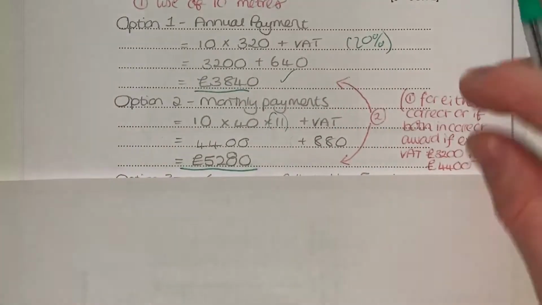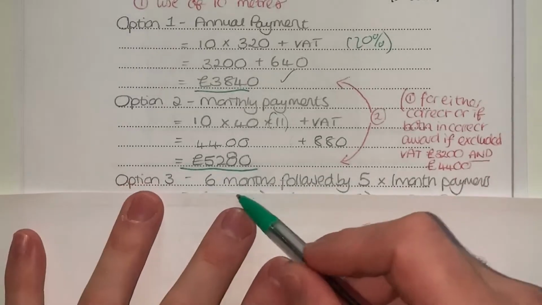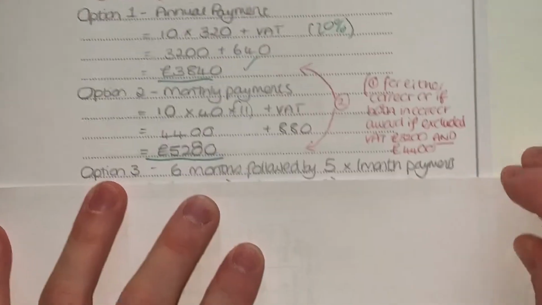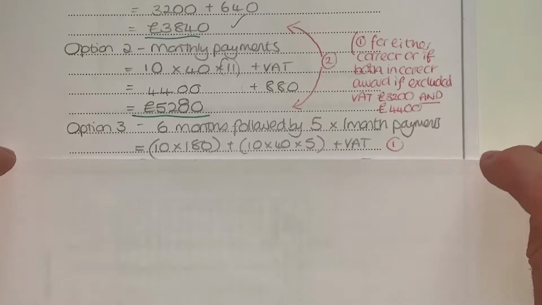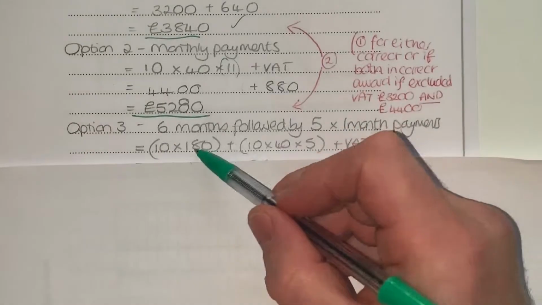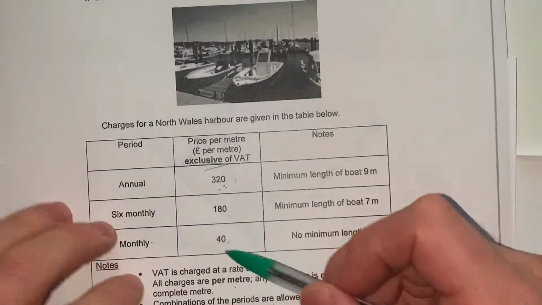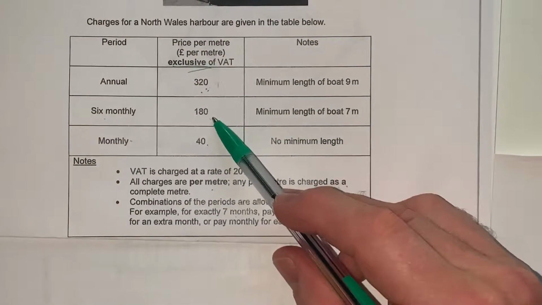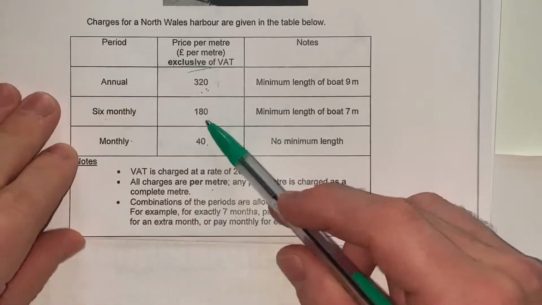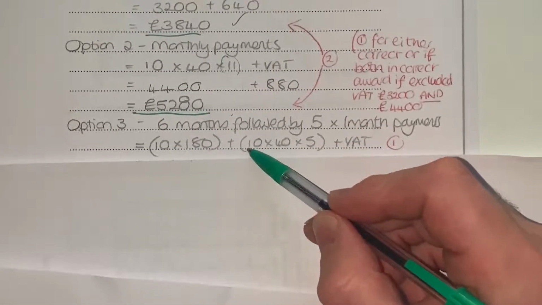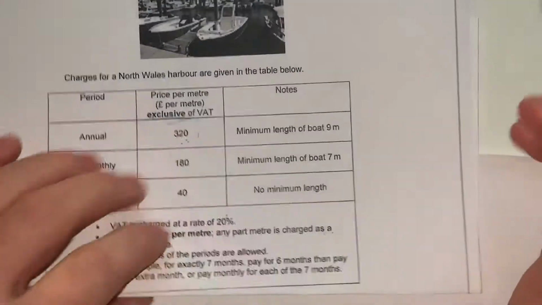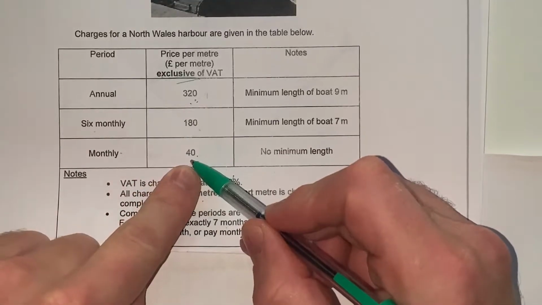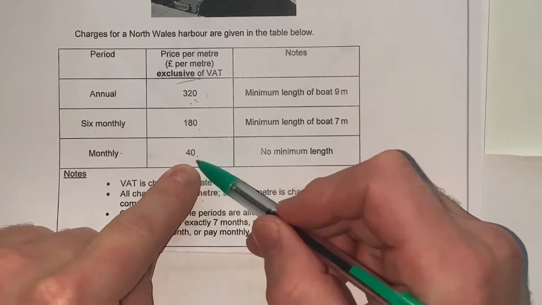Now there is actually one more option. The last one is 6 months followed by 5 monthly payments. So what have I done here? Well, where's my 180 come from? Well, we know that it is £180 for every meter for the 6 months. So I've done 180 times 10 first. That's that bit. And then this bit, 10 times 40, is because it's 10 meters and there's £40 for every meter.